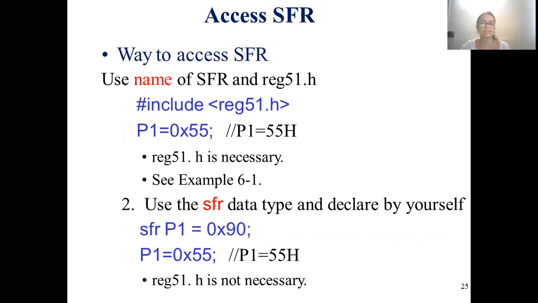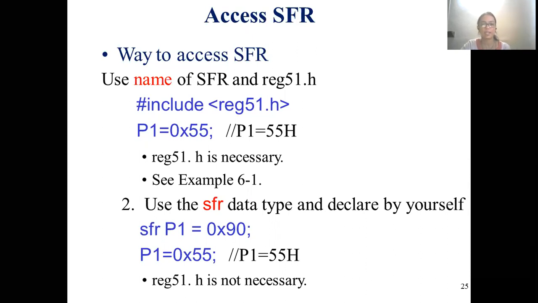To access the SFR, we will be using the name of the SFR and the general purpose header file, that is reg51.h. This is the header file for the 8051 microcontroller.